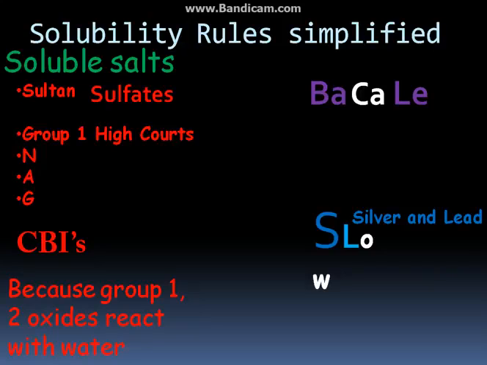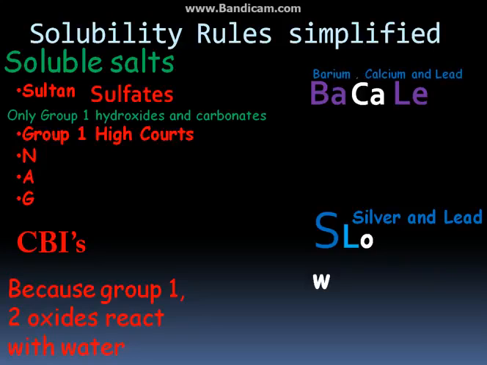Next is Group 1 high coats. What does it stand for? It stands for only Group 1 hydroxides and carbonates. That means only Group 1 hydroxides and carbonates are soluble.